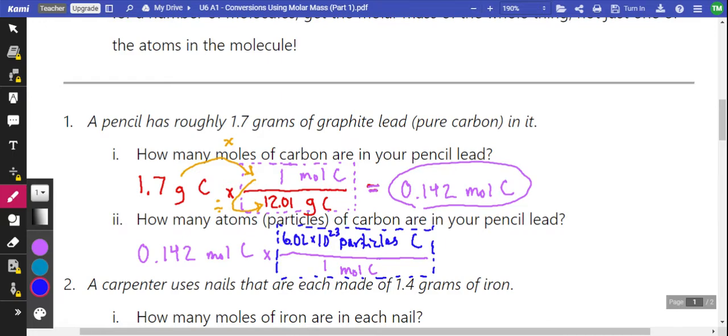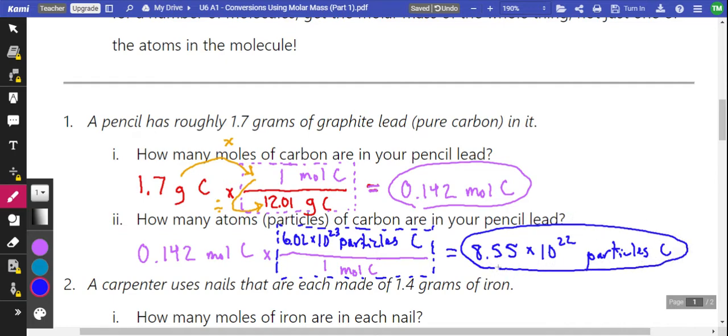All right, and we should get 8.55-ish times 10 to the 22nd particles, or atoms, of carbon. And that's our answer.